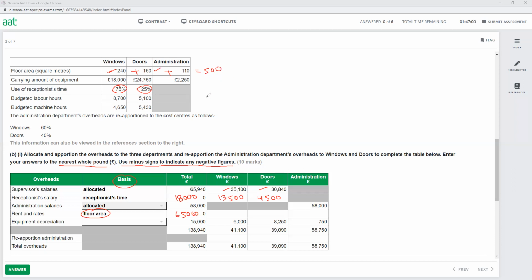So let's do that. 65,000 divided by 500 times 240, and that will give me the figure for the window. So 65,000 divided by 500 times 240 gives me 31,200.